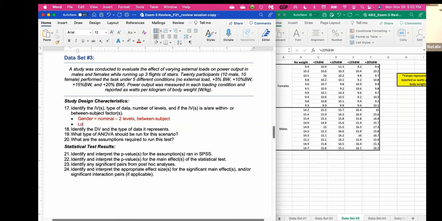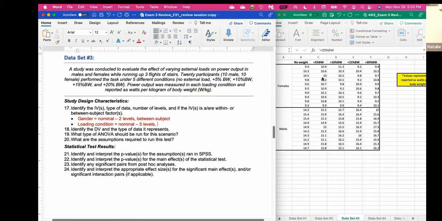And then our loading condition, I think in the output I just put this as load, right? But it's how much weight we are adding to the task of running up the stairs. That would also be considered nominal because, again, different categories. We have 5 levels, but each subject does each of these, right?